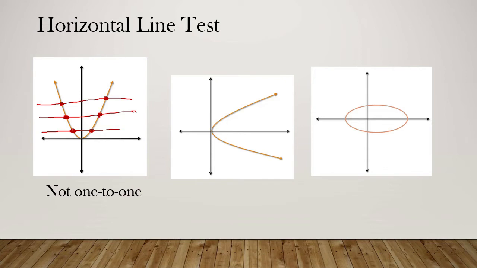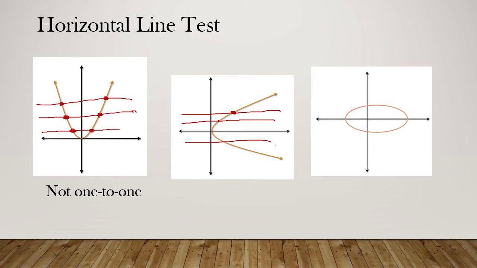Next graph. Let us draw the horizontal line on the second graph and see how many points of intersection there are.